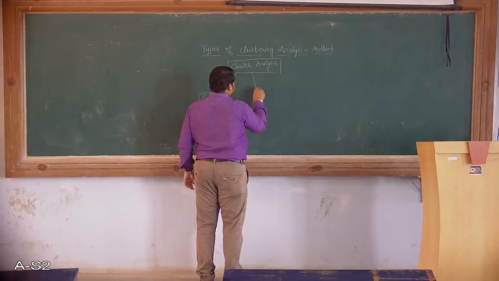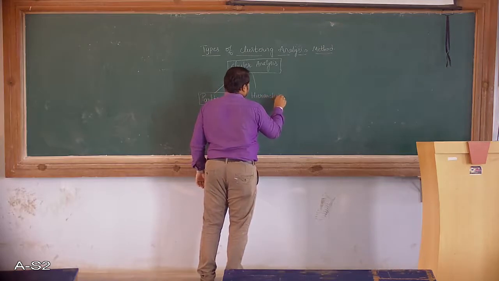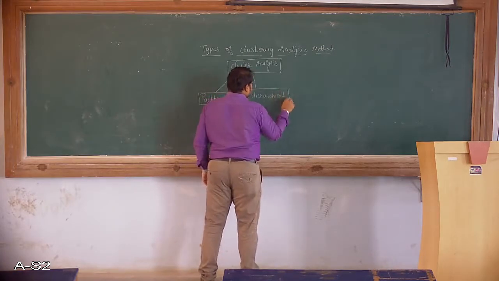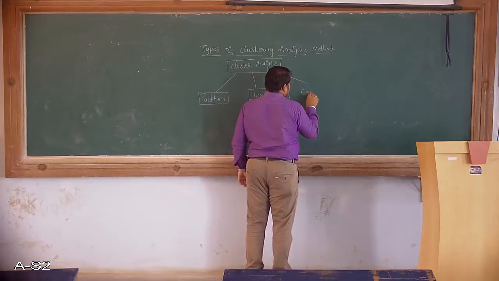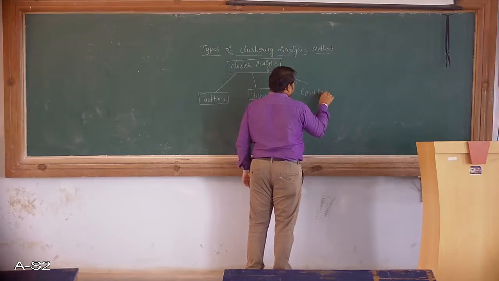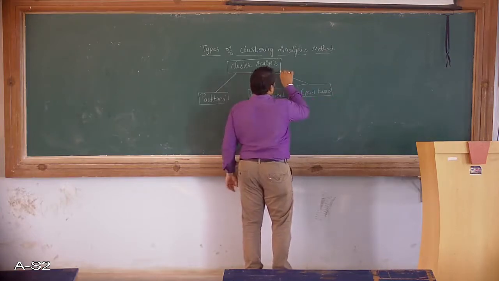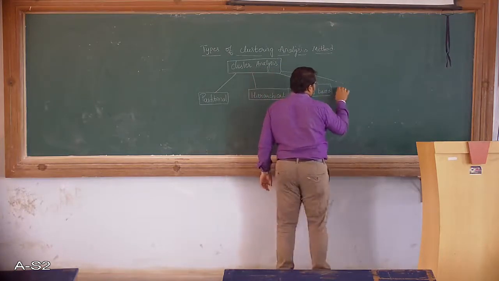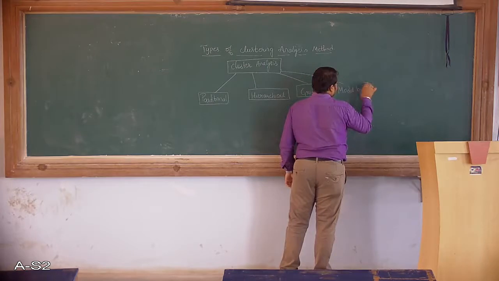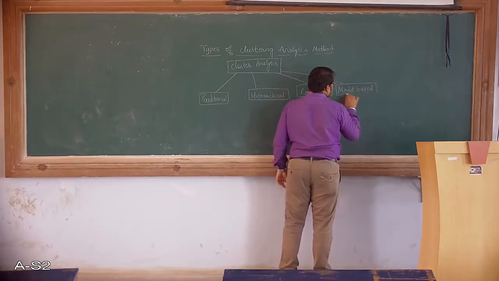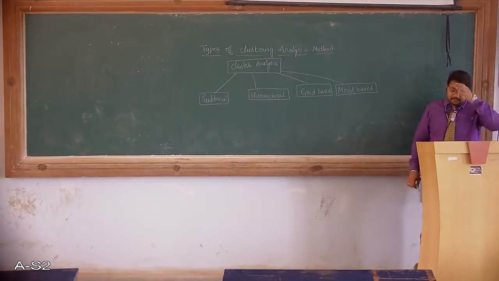The second one is hierarchical clustering. The third one is grid based clustering. The fourth one is model based clustering. So these are the four different types of clustering methods.